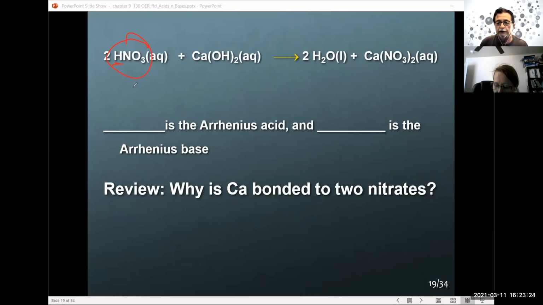Now, the other thing too, if you recognize the little trend here, the NO3 part, doesn't that look familiar with the nitrate, the NO3 -1, one of the polyatomic ions? And so if you recognize the NO3 and you see there's a hydrogen up front, that's a very good indication that you have an acid.